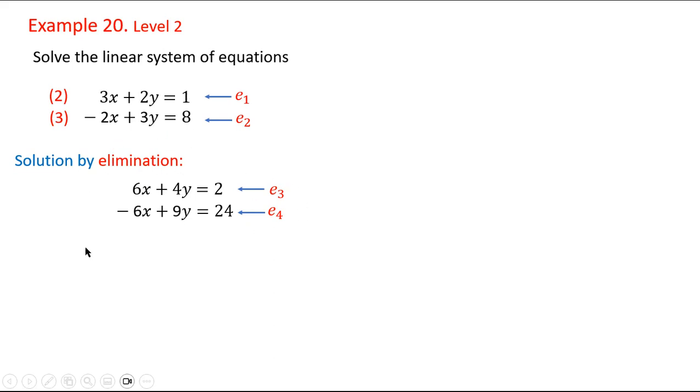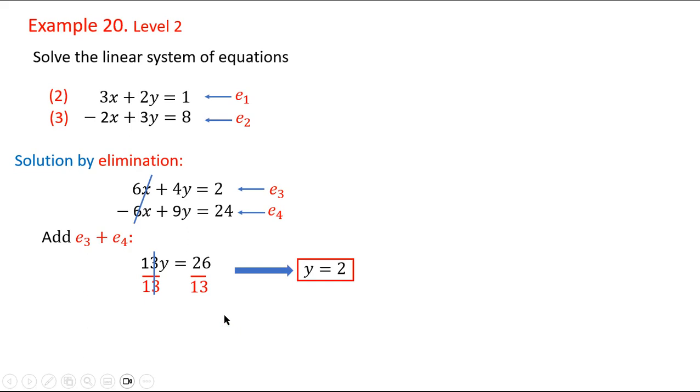Now I have the same equivalent system, but now you can see if I add them together, this is gone. I will have an equation in y only. Add them, you get 13y is equal to 26, divide by 13, y is equal to 2. Now you can use any one of these equations to find x.